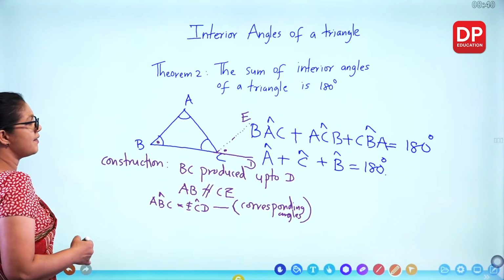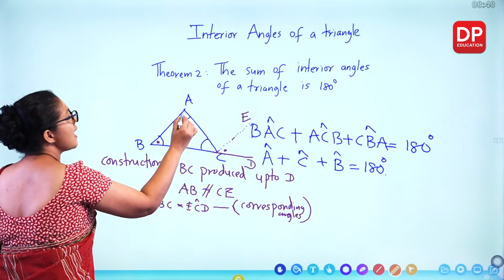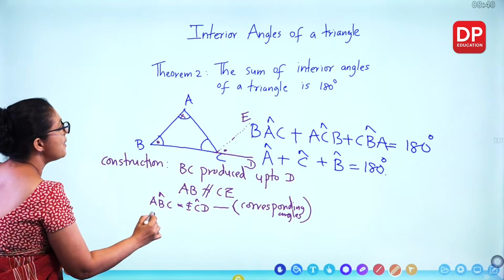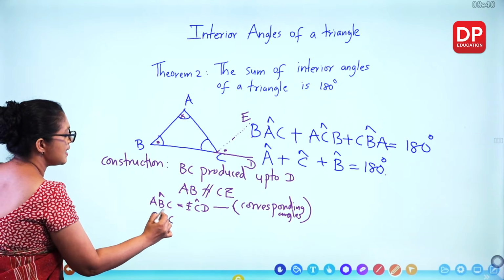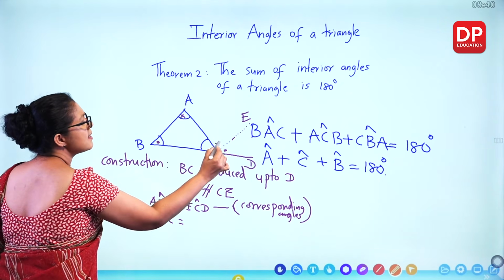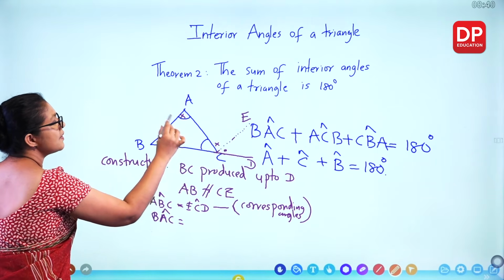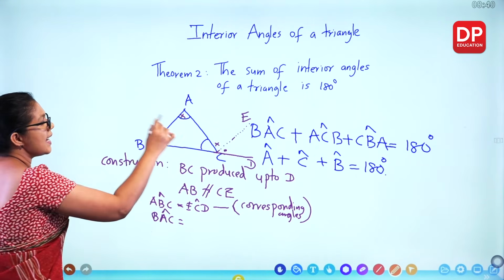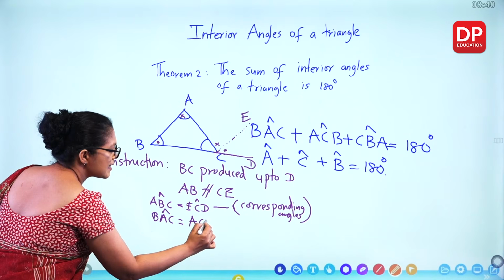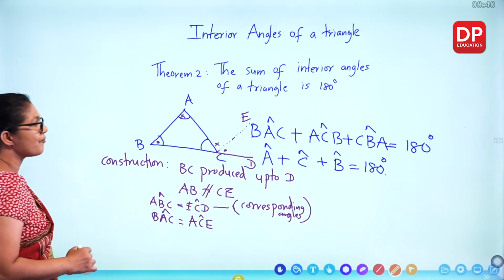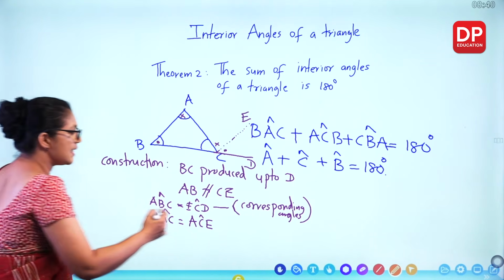And also I can write this angle, that's BAC angle, is same as this angle, that's ACE angle. What's the reason? Alternate angles.